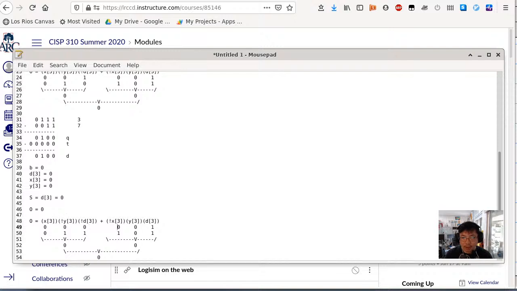On the other side, the change is d3 is now a 0, and we're only negating x3 in this case. So this time we have 1 and 0 and 0, which is a 0. So once again we have 0 or 0, which means the overall overflow is also a 0. There is no overflow in this case.